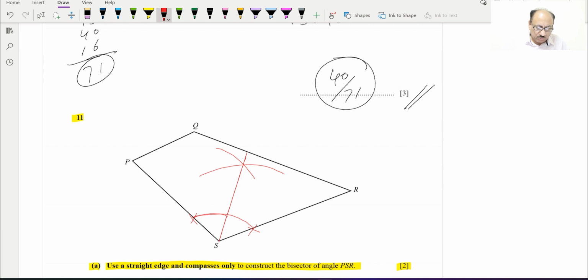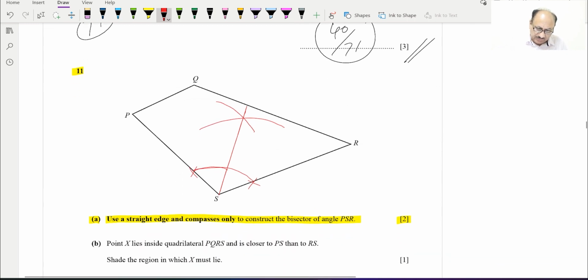So you will have to show these arcs as well, and this will be your angle bisector which we have drawn.